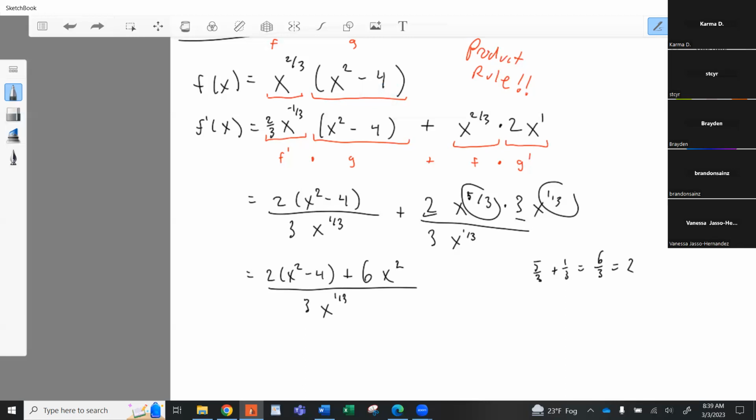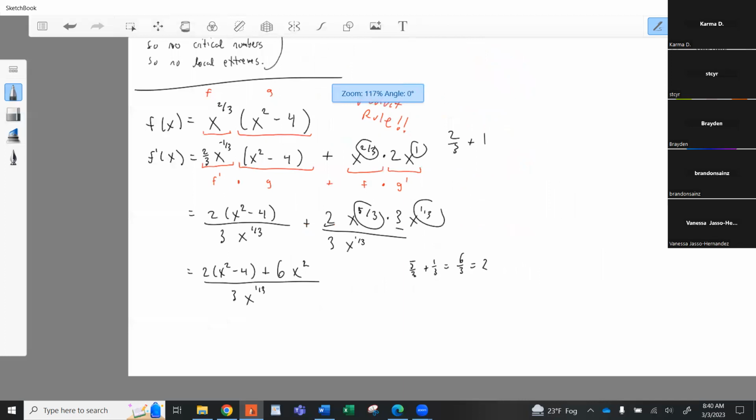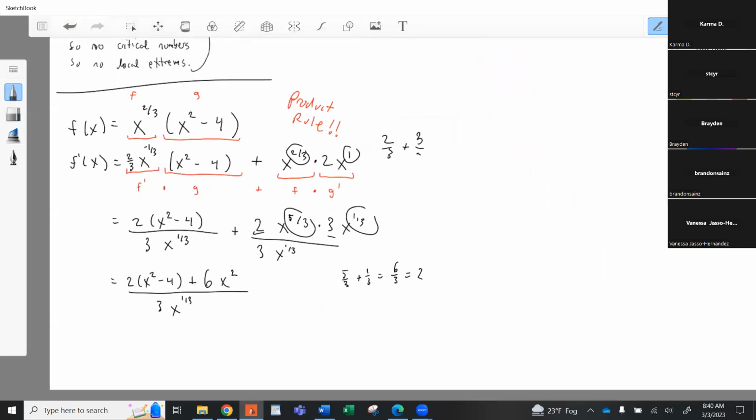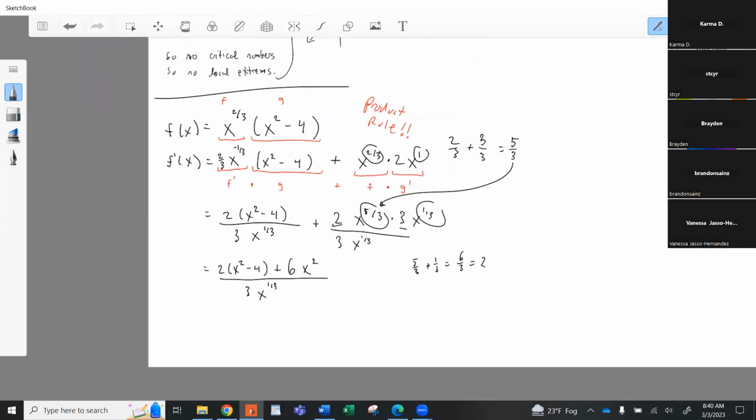We're also adding things together. 2/3 plus 1 is 2/3 plus 3/3, which is 5/3. That's where the 5/3 came from, if you were wondering. And then 5/3 plus 1/3 is 2, so 6/3 is 2. That's why it's now just x squared down here.